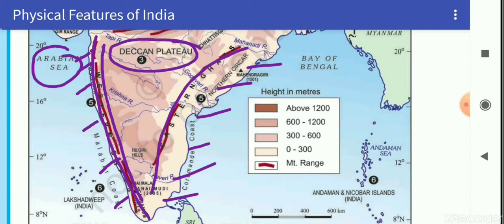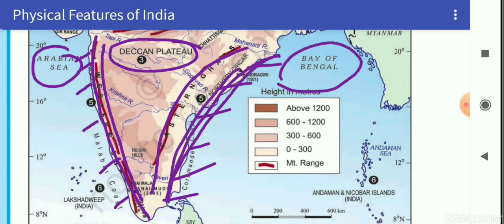In the same manner, on the eastern margin of the Deccan Plateau stretches the eastern coastal plain, and this also runs along the Bay of Bengal. So what are the other details of these two plains? Let us discuss.